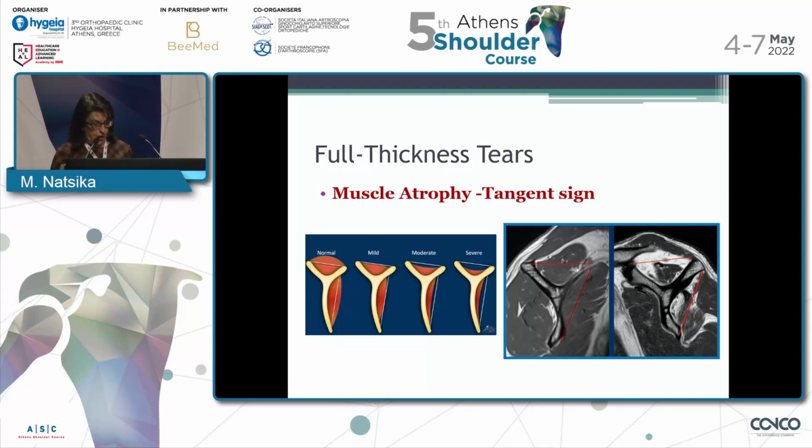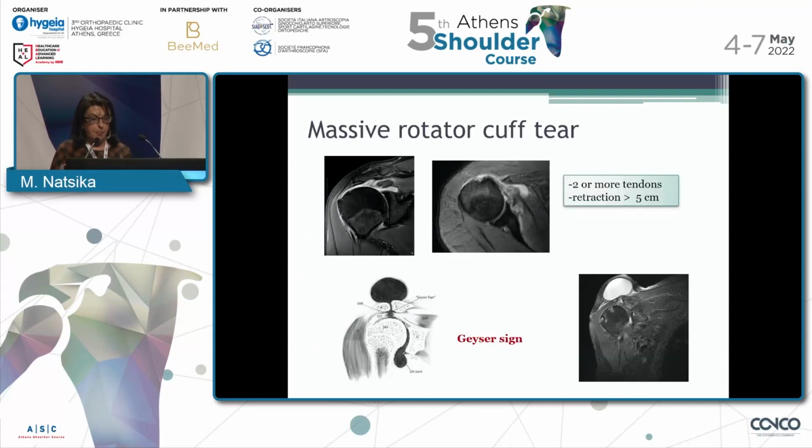So we also can grade these lesions from normal to severe. So we can give you good details about the condition of the muscles.